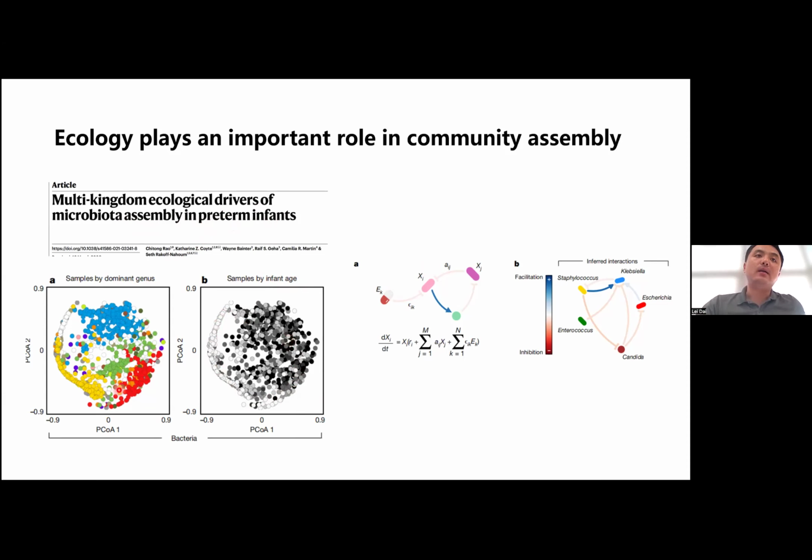And the colors yellow, red, green, blue illustrate the dominant genus at different time points. In this paper, the authors used the Lotka-Volterra model to infer interactions, inhibition and facilitation, to understand why certain species are dominant at certain time points. This is a very interesting ecological observation.